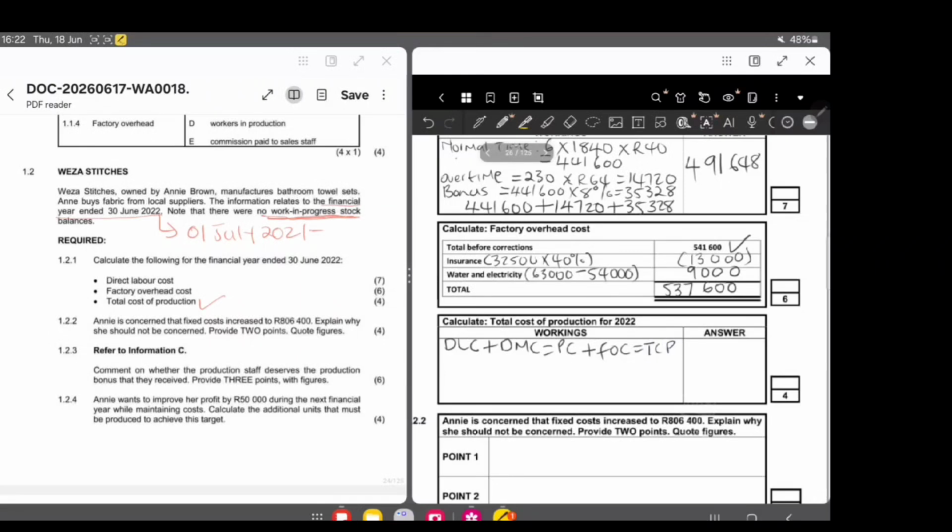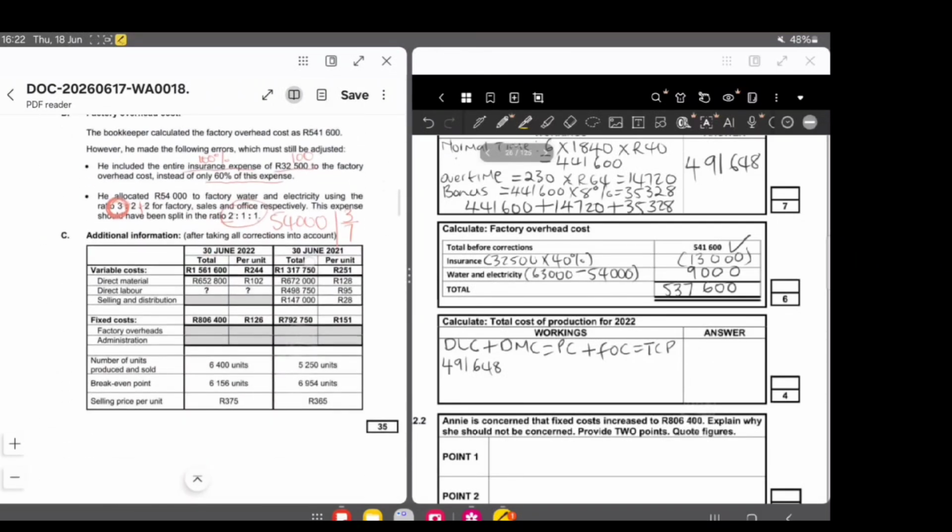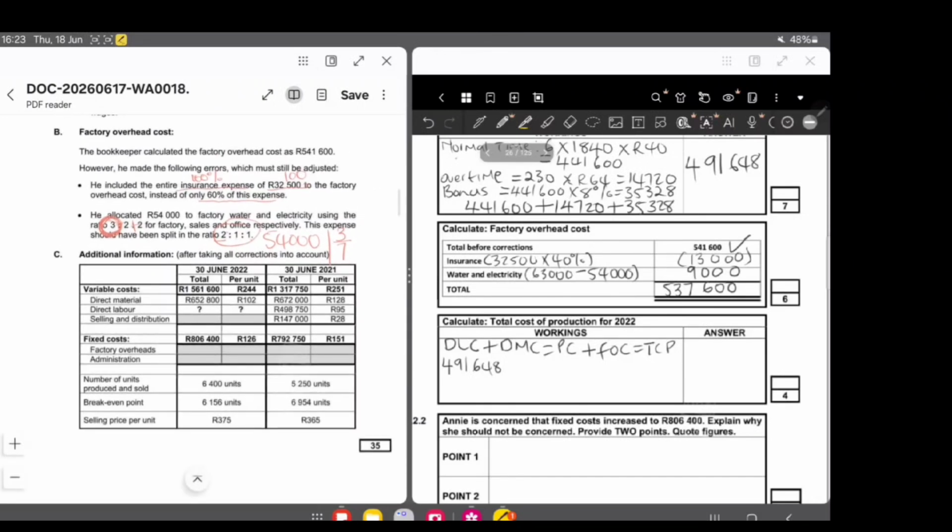So our direct labor cost, we calculated it as 491,648. And then our direct material cost, let's check the info given to us. We have additional information. So our direct material on the 30th of June 2022, it's given there as 600, so we are going to say plus 652,800.